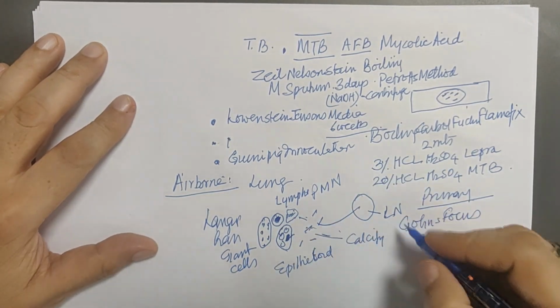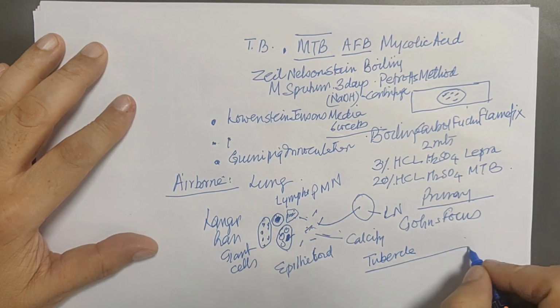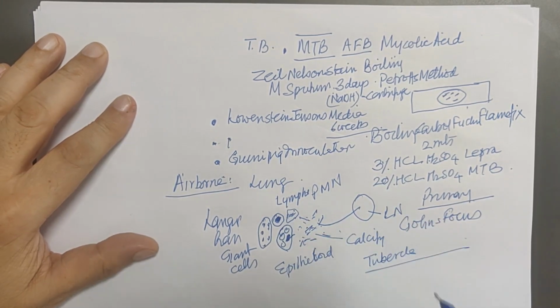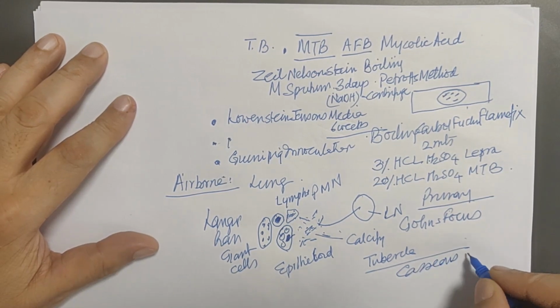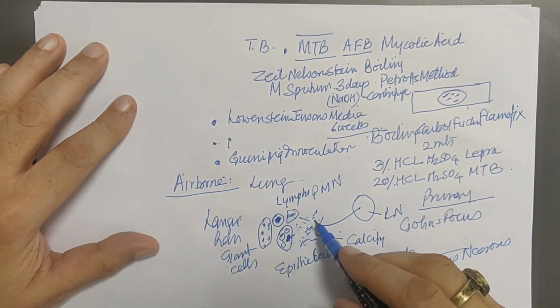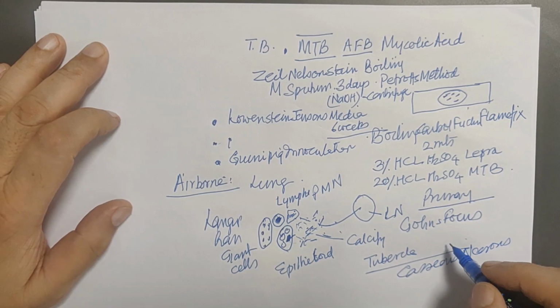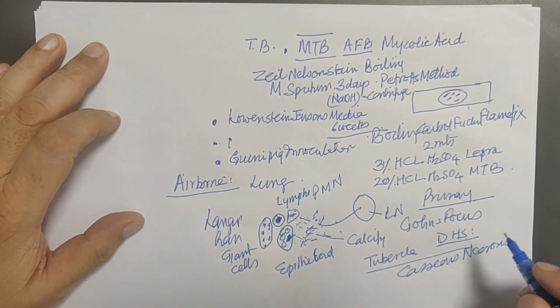And so this is basically a tubercle, and what can happen in the center is what is called caseous necrosis, because now the immunity is acting against this bacteria, and it is a delayed hypersensitivity type 4 reaction.